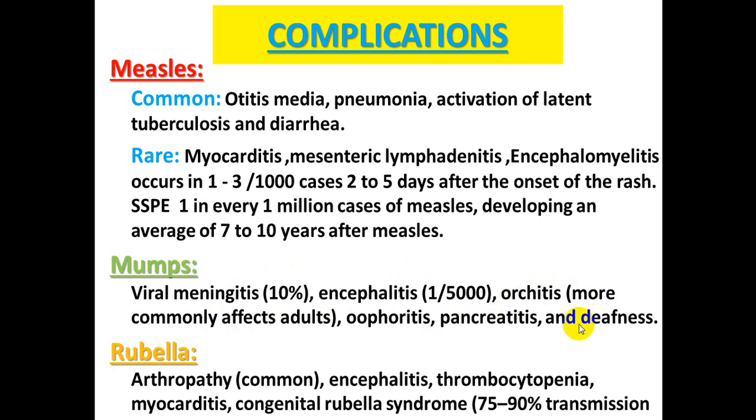Pancreatitis and deafness also may be noticed as complications of mumps. Rubella complications are arthropathy, which is common, encephalitis, thrombocytopenia, and myocarditis. Congenital rubella syndrome, 75 to 90% transmitted during the first trimester.